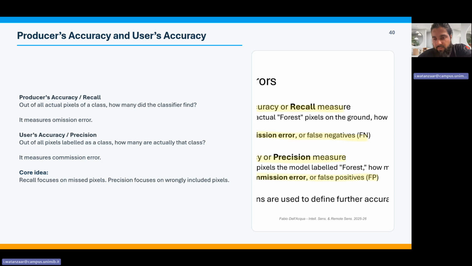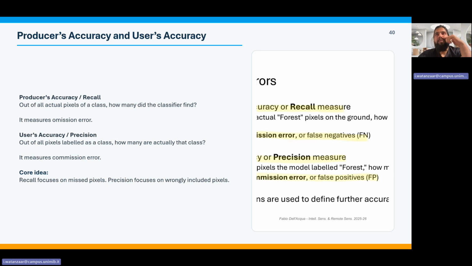Out of all pixels we label as a class, how many actually belong to that class? We are looking at the class we labeled and how many are actually of that class.